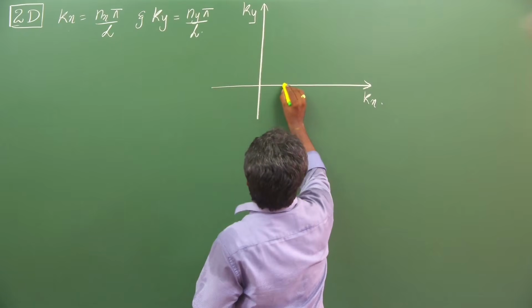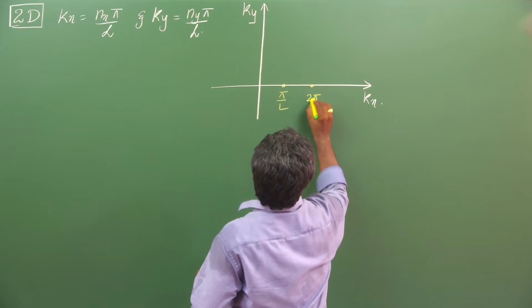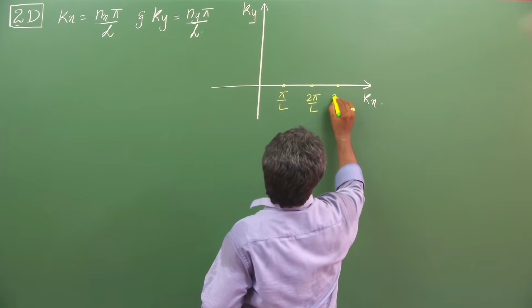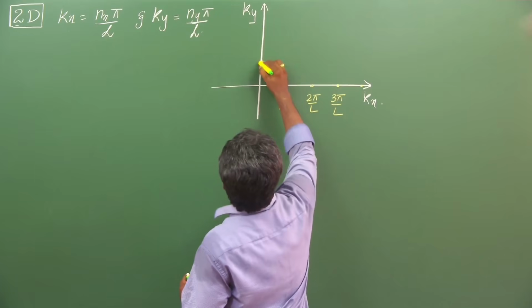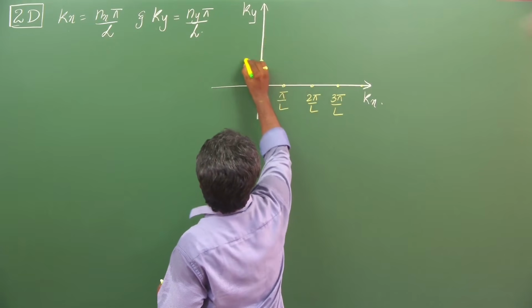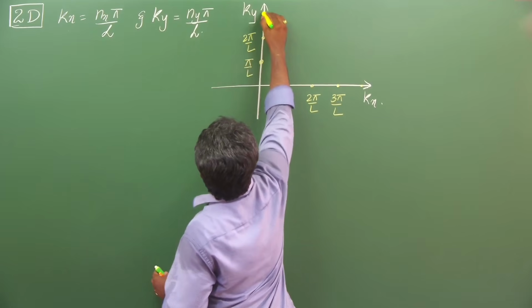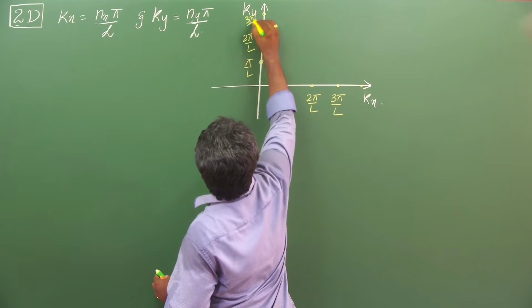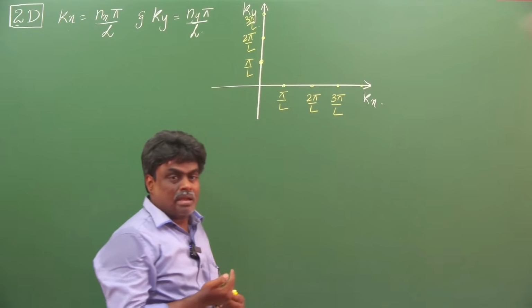And I am taking the points pi by L, 2 pi by L, 3 pi by L, and so on, 4 pi by L. Similarly, along the y axis, pi by L, 2 pi by L and 3 pi by L, something like this.